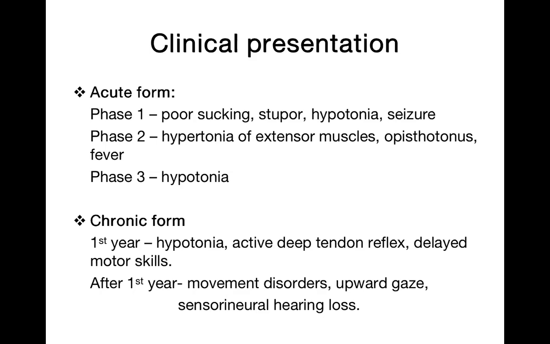Now, what can we do to prevent this kernicterus from happening? Remember those guidelines which we discussed before. If those guidelines are met, then we have to go for early phototherapy and early exchange transfusion. These are the only ways to prevent kernicterus development, especially if there is active hemolysis going on, like Rh incompatibility or any other hemolytic disease.